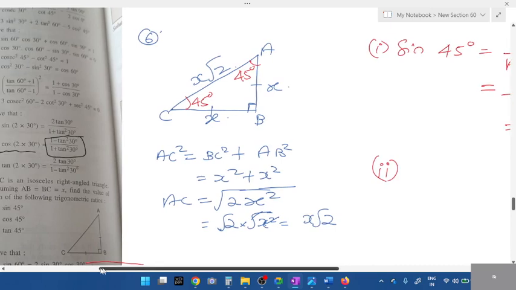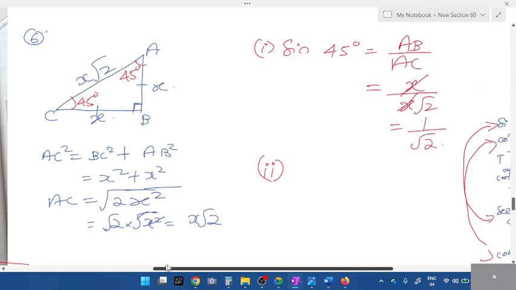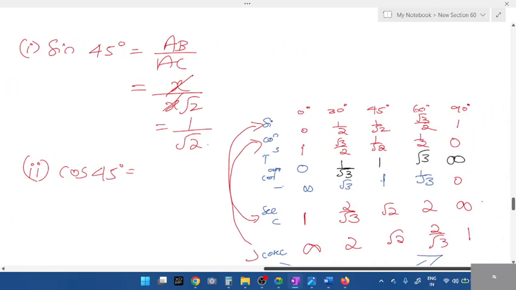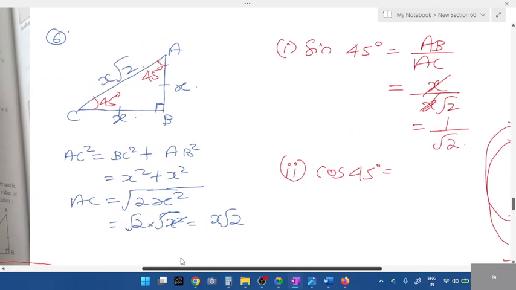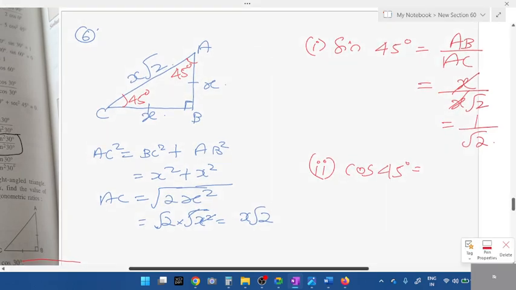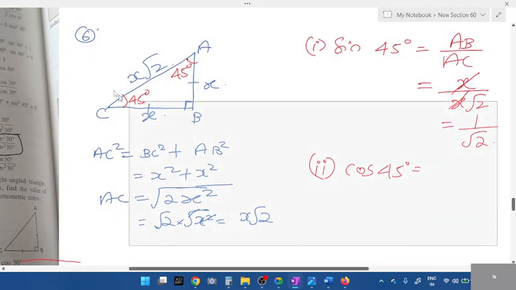Cos 45 is given. Take any 45 degree value. See, cos 45. And we know what sin 45 and cos 45 are. What's the answer for sin 45 and cos 45? 1 by root 2, right? But we need to prove using the diagram what they have given. See, we almost got the answer.